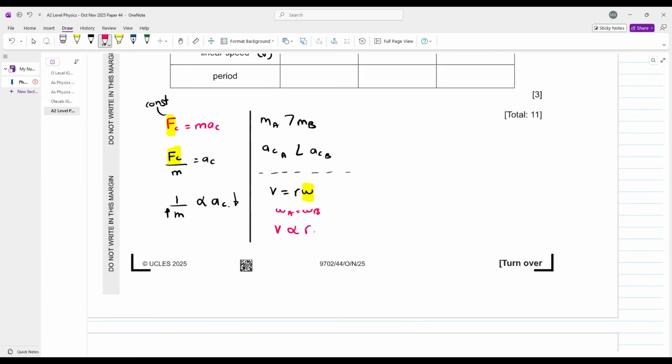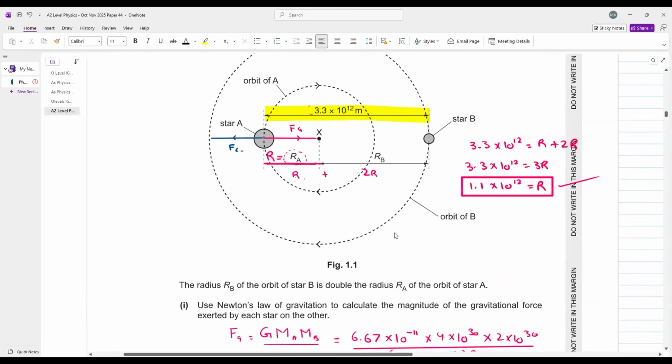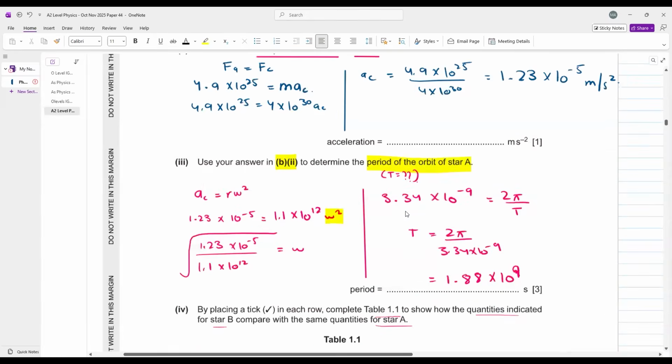Velocity becomes directly proportional to the radius of the orbit. क्या आप realize कर सकते हो कि star B has a larger radius? Hence, star B will have a larger linear velocity.